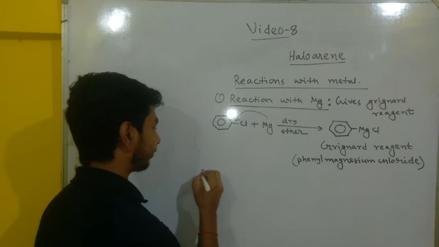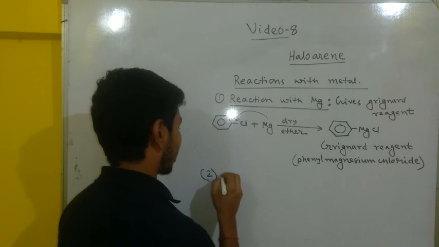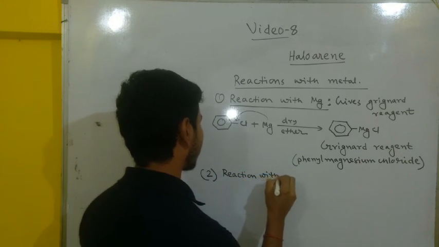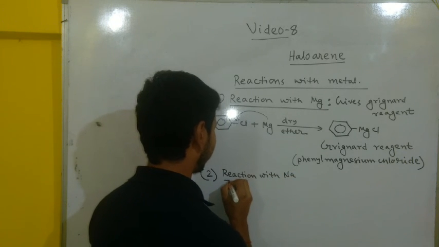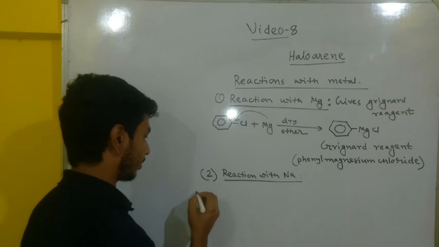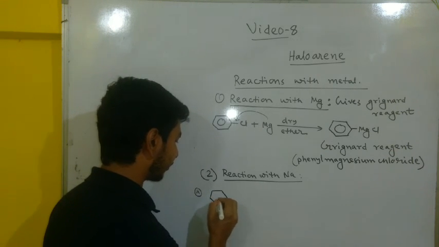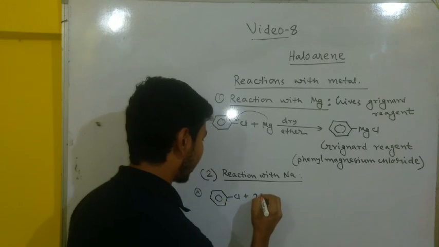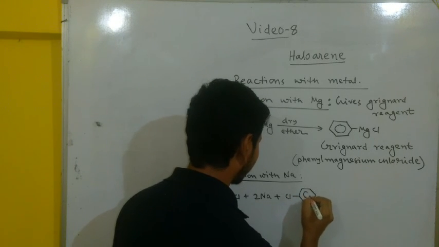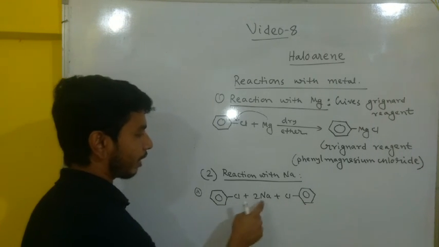Next, number 2, reaction with sodium. So chlorobenzene upon treatment with sodium: 2 moles of chlorobenzene and 2 moles of sodium.